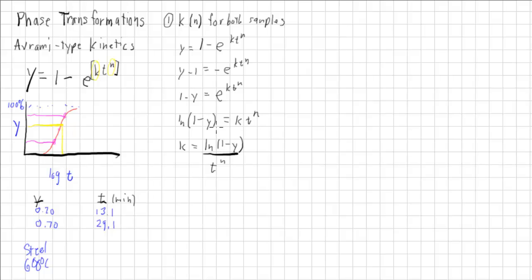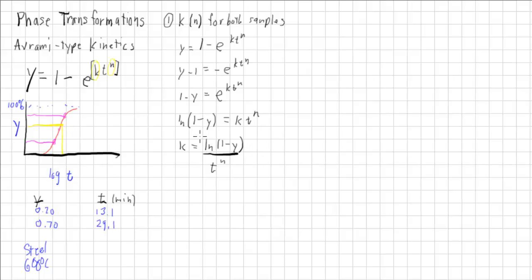So now I have an expression here that should apply to both samples. And remember, k is a constant between them. It's the same thing for the entire transformation. And these are two samples of the same transformation. So if I have an expression for k for one, it should be equivalent for the other.